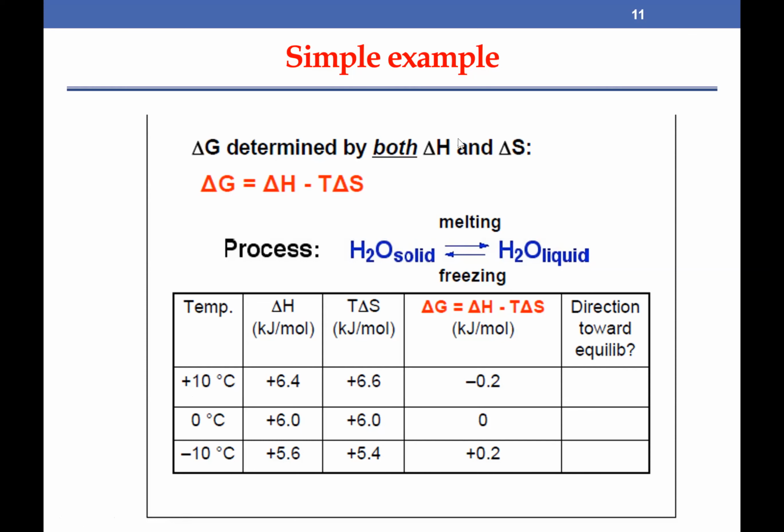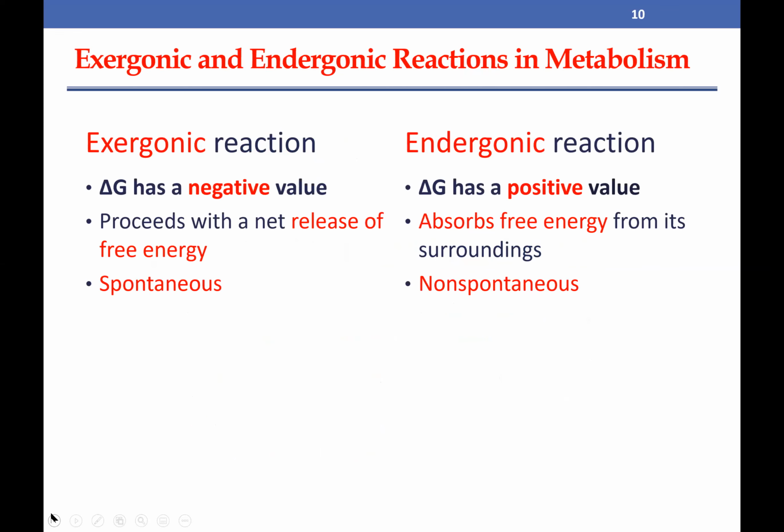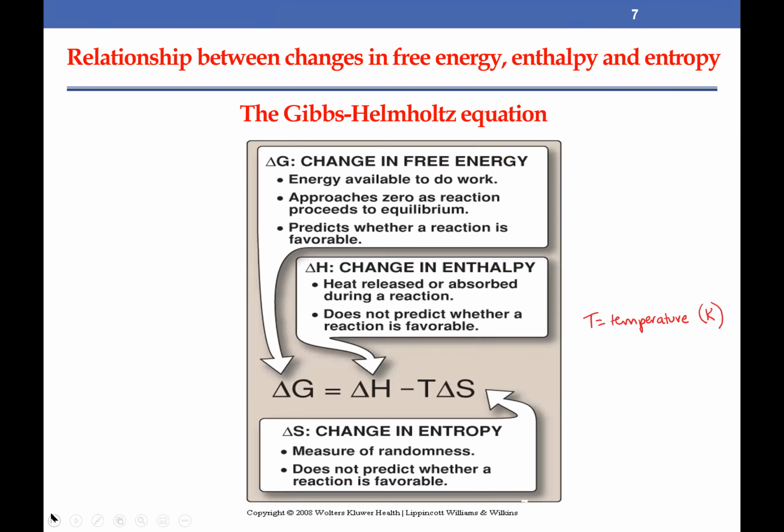All right, so let's go to slide 7. All right, I'll just explain the whole equation again. So we see this equation, delta G is equal to delta H minus T delta S. And we're going to dissect everything.